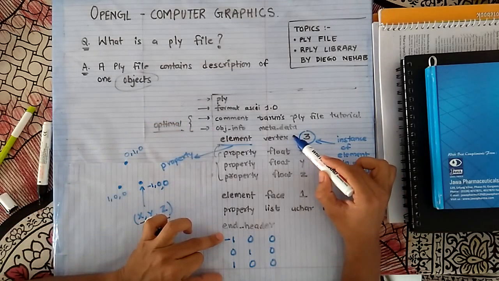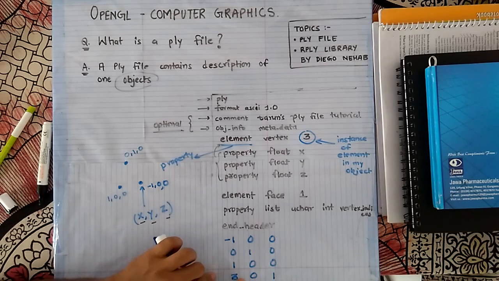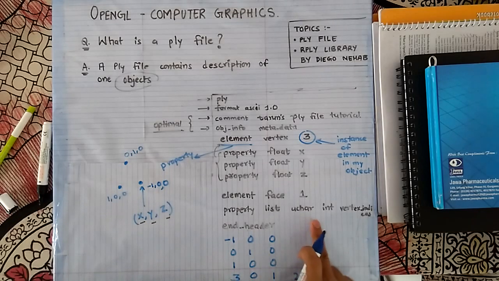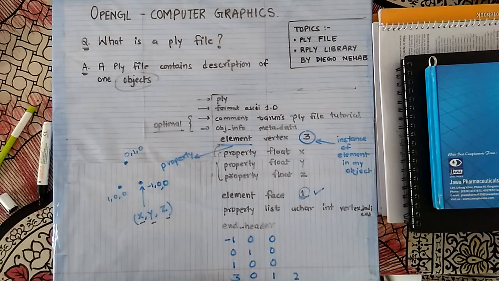Now second thing, if I write 3 0 1 2, this defines a list for the faces, because it has only one element. This will be given to face. So what it says is that it is a list of three elements, which is 0 1 2.